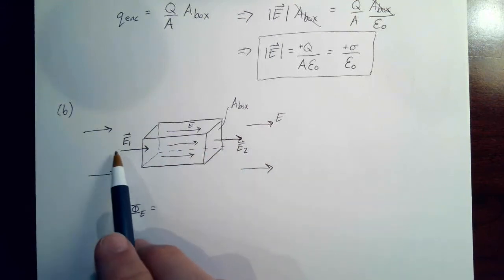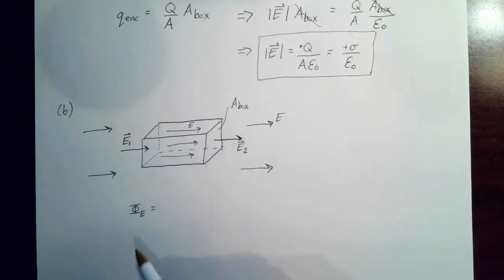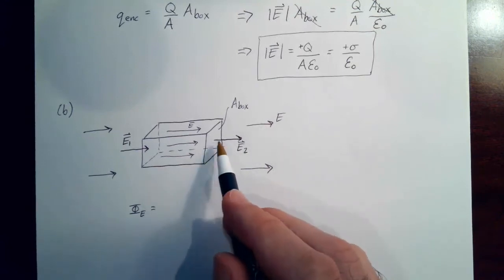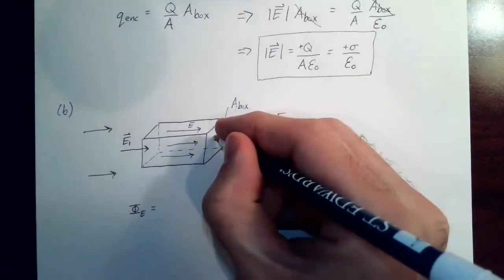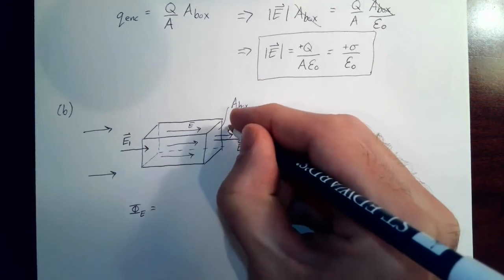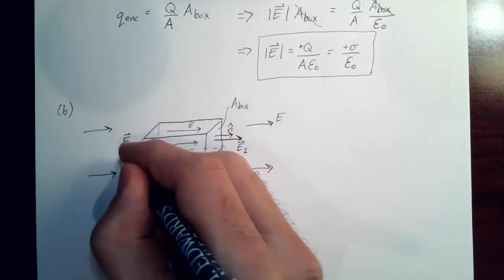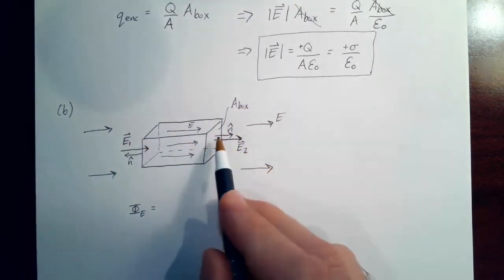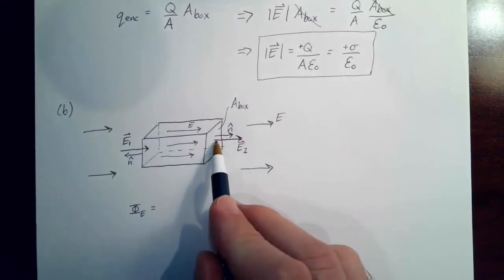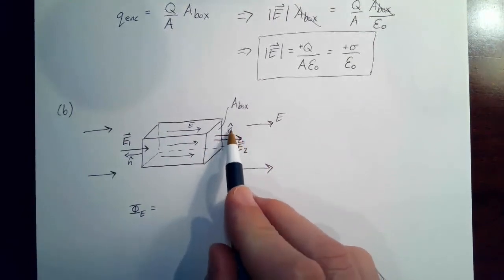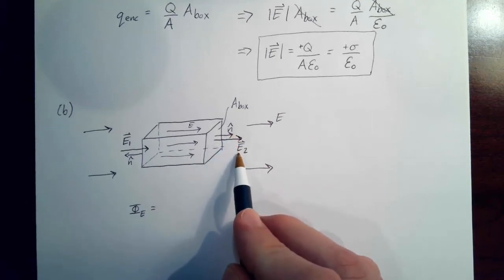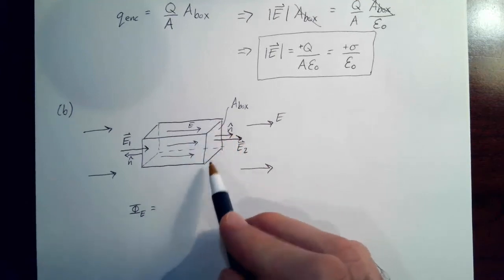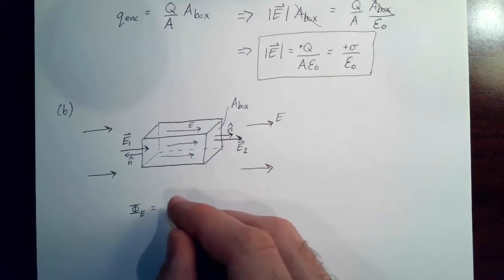Okay, so let's do the flux going out first because it's positive. The convention here, well, we can see it by drawing in n hat. On the right face, n hat points out of the box, which is parallel to E2. So the angle between these is zero. So the flux is going to be E2 times this area, which I called A box again.